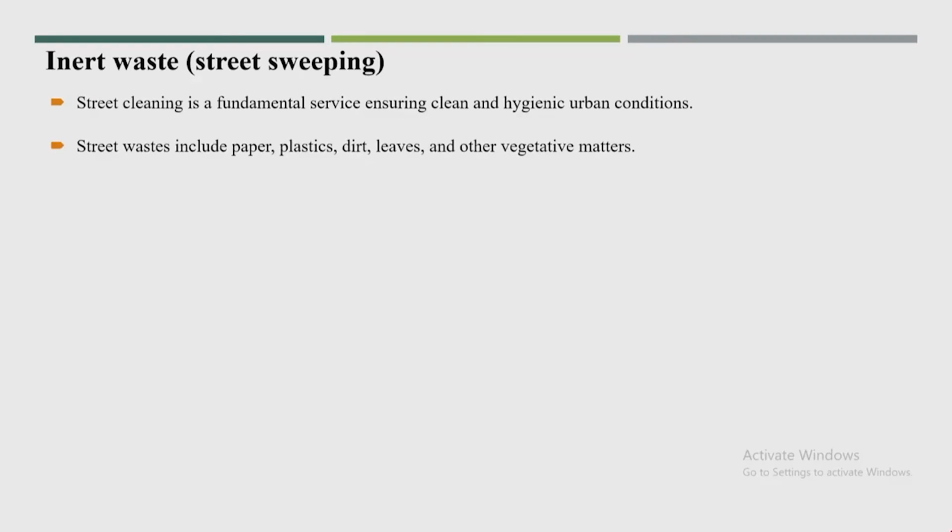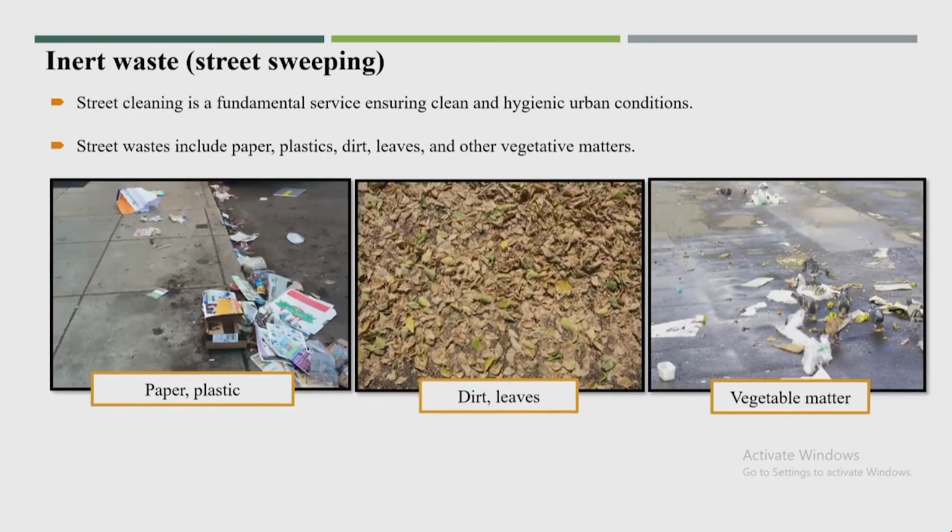The street waste includes paper, plastic, dirt, leaves and other vegetative matter. In most cities they come up with litter bins.